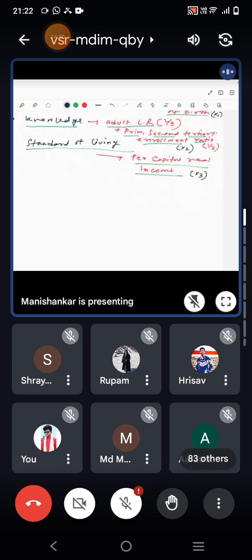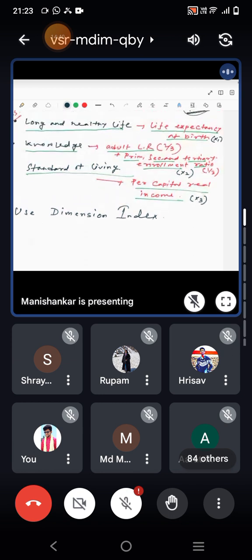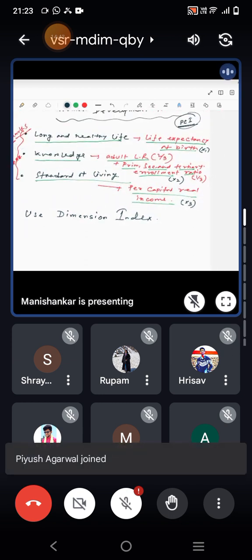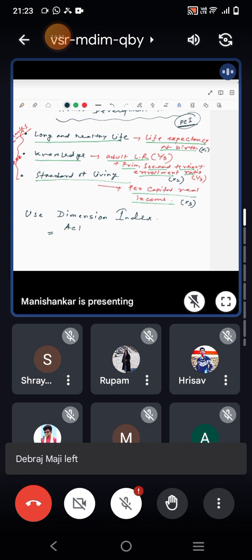And here we also use a dimension index. Dimension index means, or this is also called, the component index. Here we use an interpolation type formula.